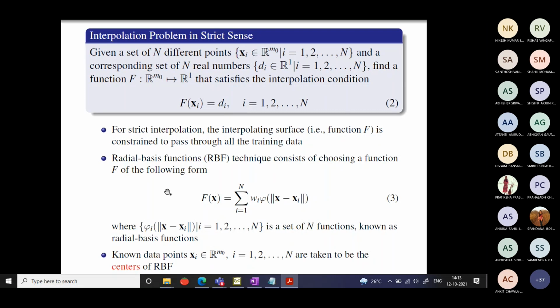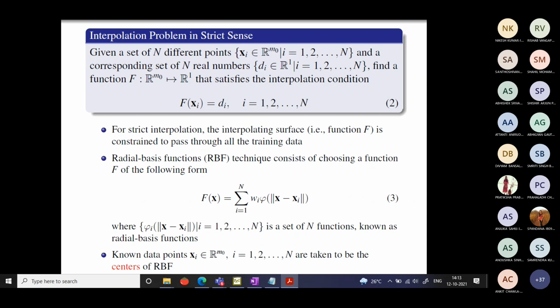In RBF, we choose a function f of this form, where we have weights, and the weights come into the picture from the hidden layer to the output layer. There is no weight between the input layer and the hidden layer. Remember, in the case of RBFN there is no such provision.